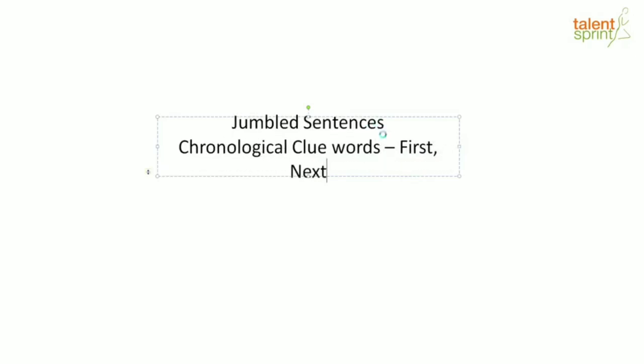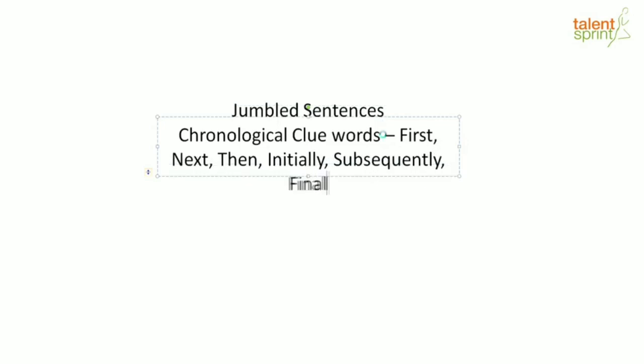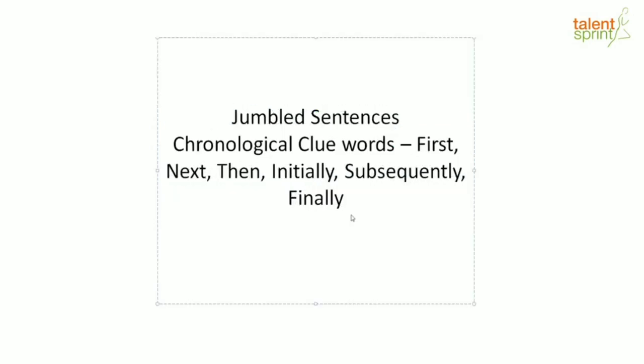First thing happens, then the next thing happens, and after that something happens, right? Those are some examples: first, next, then, initially, subsequently, finally. Those are some clue words that give us some sort of a sequence.